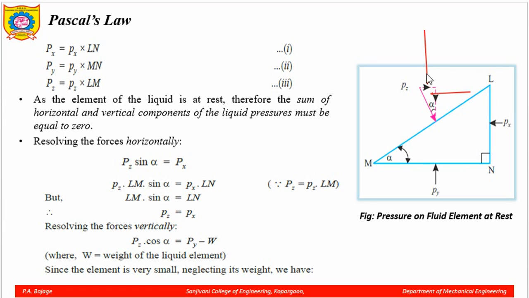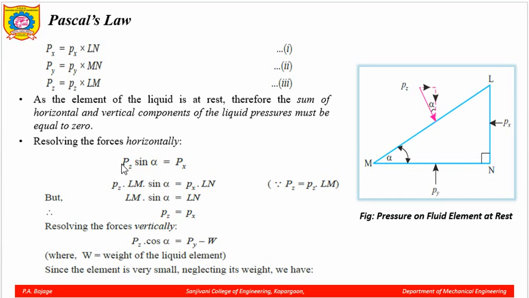Now, Pz is acting in this opposite direction like this, and this Px is acting in the Ln direction. Now, horizontal forces are these two, that is Pz sine of alpha and Px. So, they are equal and opposite.